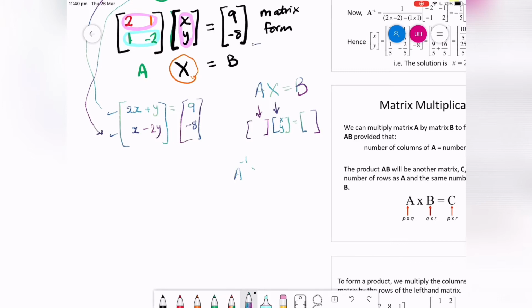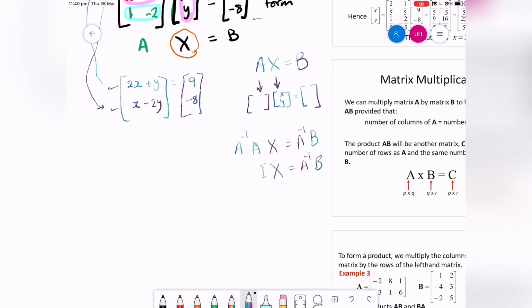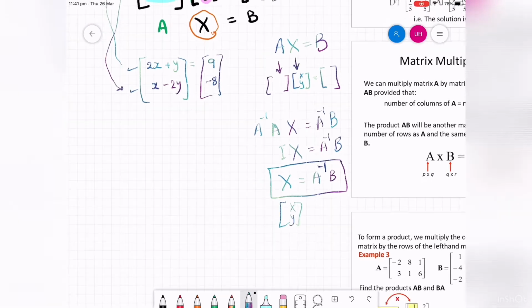So A inverse times A times X equals A inverse B. And because A inverse times A is I, then it's IX, and that's A inverse B. And IX, because the identity matrix, if we multiply it by any other matrix, will give you the same matrix. So therefore X equals A inverse B. And that's what we are interested in, which is the matrix X, because this has the variables x and y.